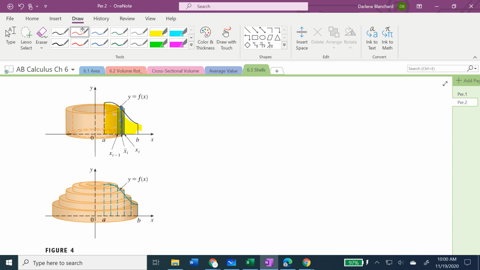But what you also are going to want to draw, because the axis of rotation is not always going to be the y-axis, is a dot on your rectangle and then a segment going over to the axis of rotation.